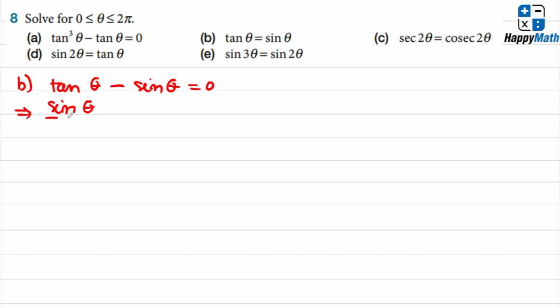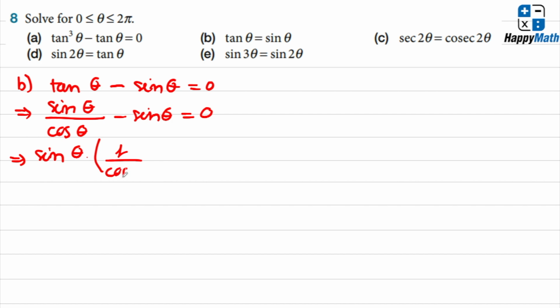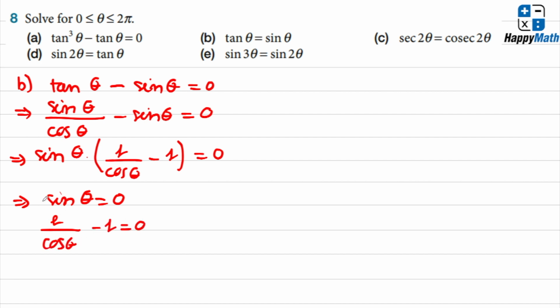You get tan equal to sine theta over cos theta. Now you can see the common factor is sine theta, leaving 1 over cos theta minus 1 equal to 0. This corresponds to two solutions: tan theta first, and the second one, 1 over cos theta minus 1 equal to 0.